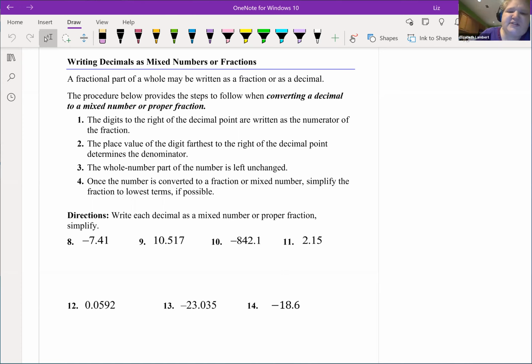The digits to the right of the decimal point are written as the numerator of the fraction, just like we did before with the 8351. The place value of the digit farthest to the right of the decimal point determines the denominator. So like I was saying, the name we call it, that's what the denominator is going to be. The whole number part of the number is left unchanged. So we just write it in front of the fraction, or you can write it plus the fraction, assuming there's no negative sign being weird. Once the number is converted to a fraction or mixed number, simplify the fraction to lowest terms if possible.